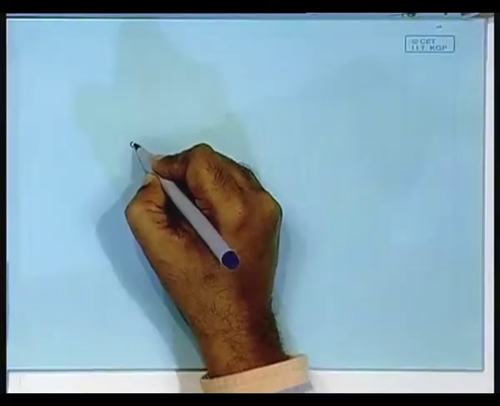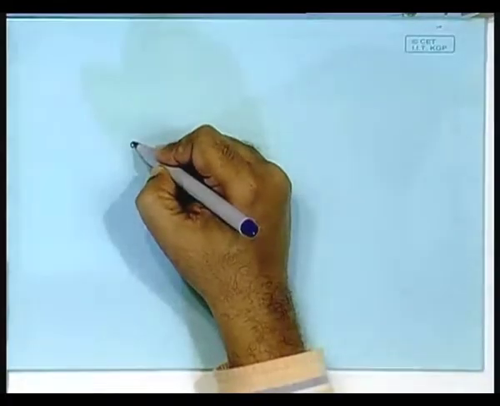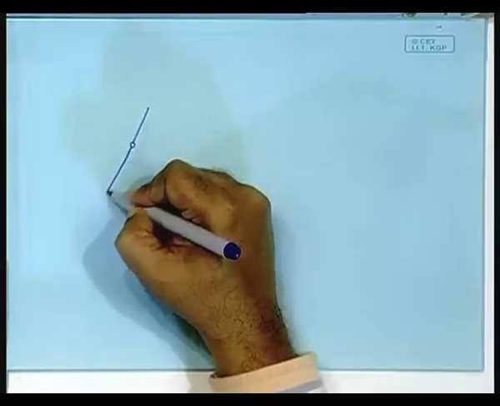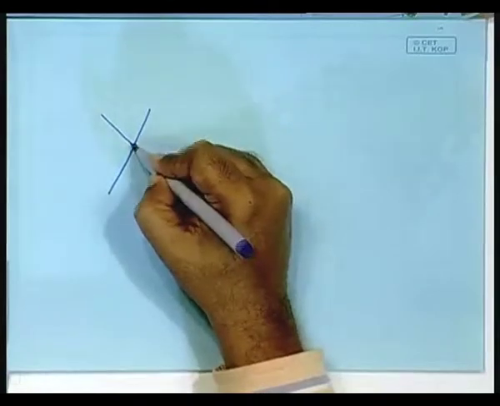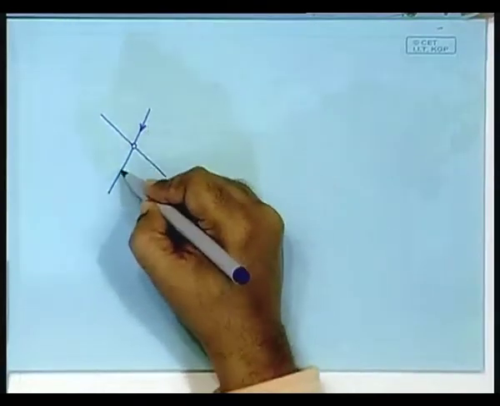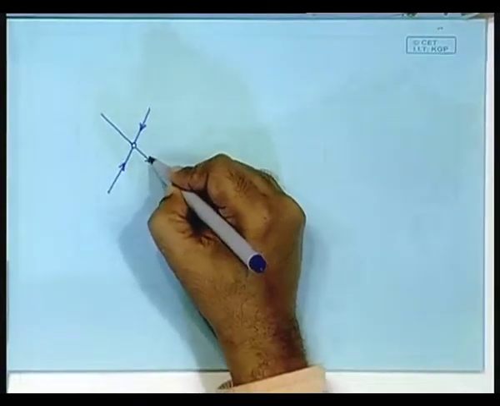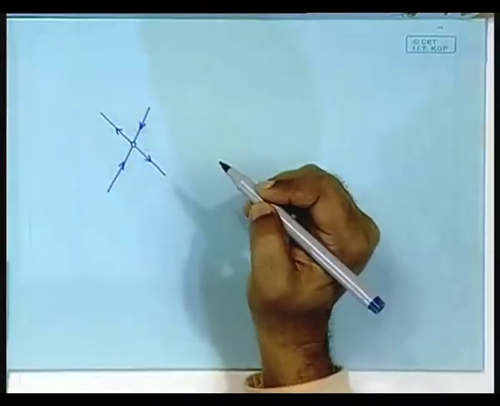In the last class, we were talking about the saddle fixed points, and we had seen that there can be eigenvectors which would be the stable and the unstable eigenvectors locally.